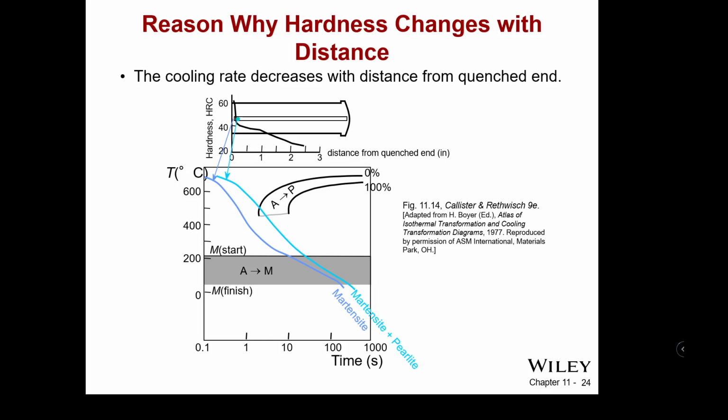As it gets farther away from the end, it quickly starts to include martensite and pearlite together. Farther up, you get fine pearlite. Farther up, you get just coarse pearlite, and that's much softer than the martensite formed originally at the end.